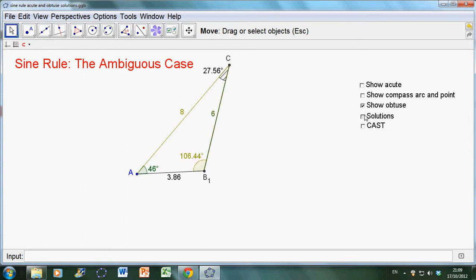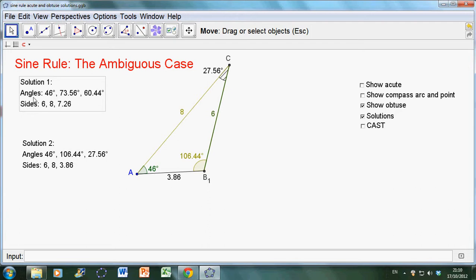Our solutions are: the first one has three angles, 46, which we were given, 73.56 which we found first, and then 60.44, and the 6, 8, and 7.26 are the corresponding sides. And then solution 2, which is the one we have shown here, angles 46, 106.44, 27.56, and the three sides of 6, 8, and 3.86.